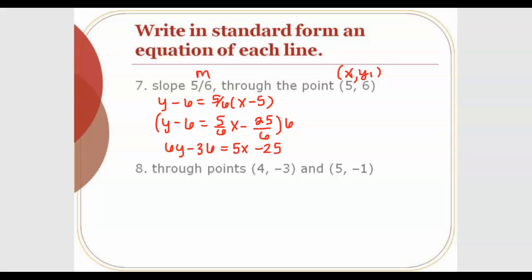So you get 6y minus 36 equals 5x minus 25. And then combining like terms, you get 5x minus 6y equals, and you would add 25 to negative 36. So you get negative 11.